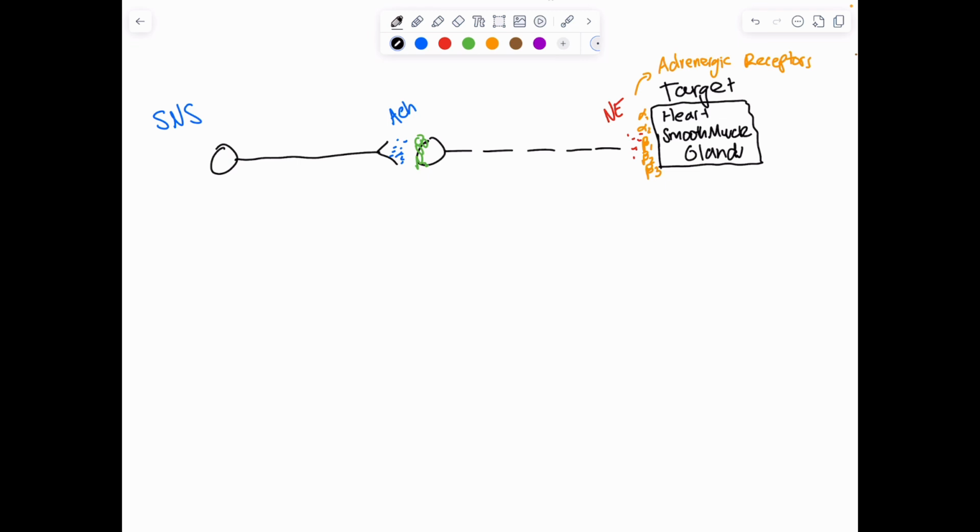And so we'll draw another one right here, another neuron. Then we'll synapse, we'll release ACH, and we'll hit this neuron. And then you draw with no myelin.